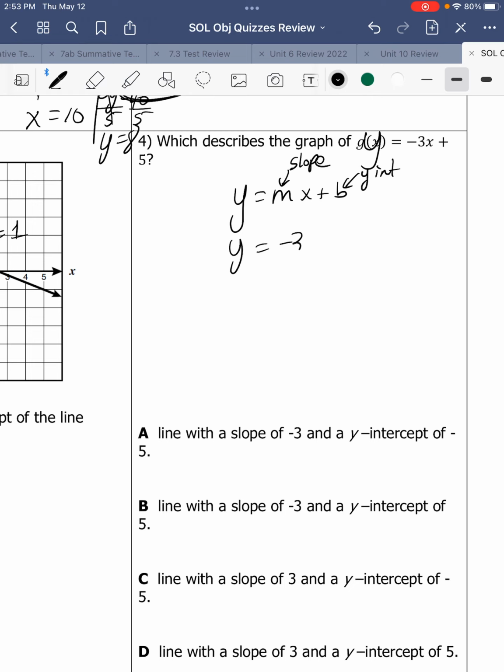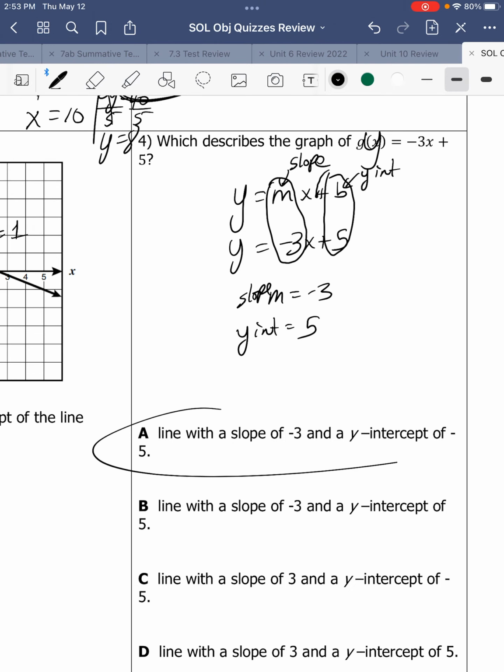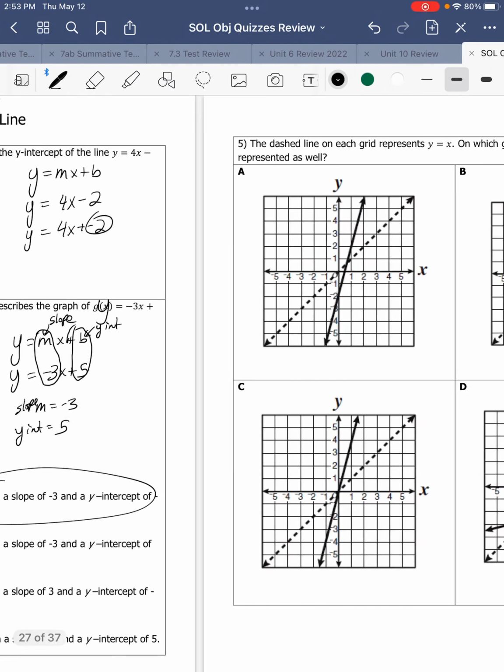The slope is the coefficient, the number in front of the x. So the slope is negative 3, and the y-intercept, which is the b, is positive 5. So which one is this? It looks like that's A.